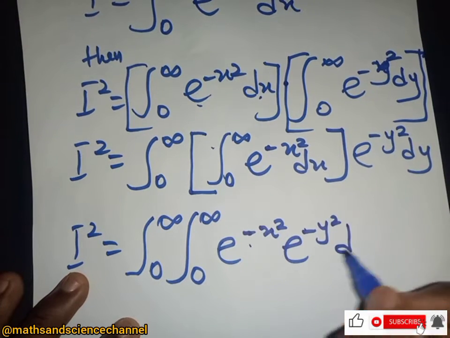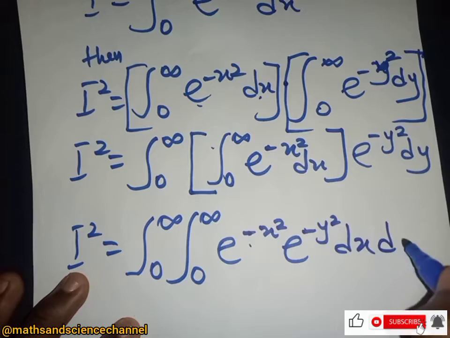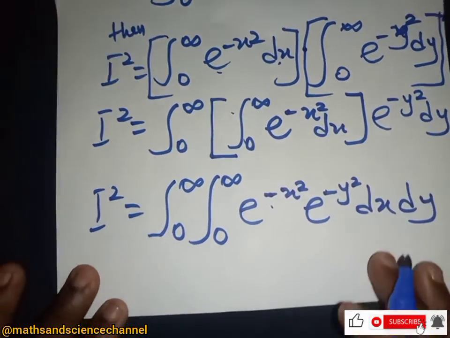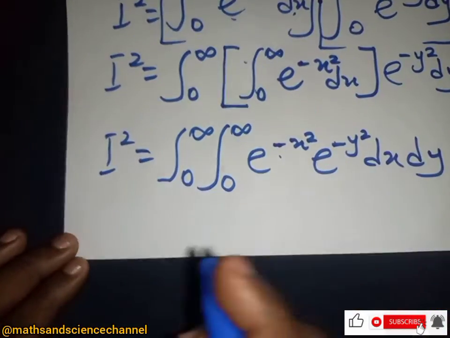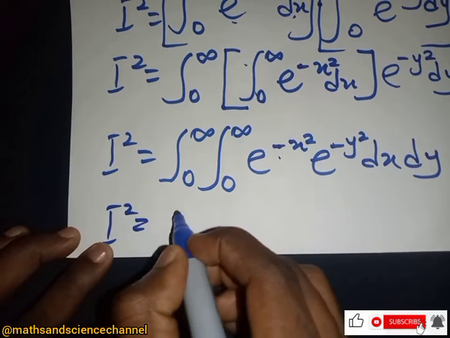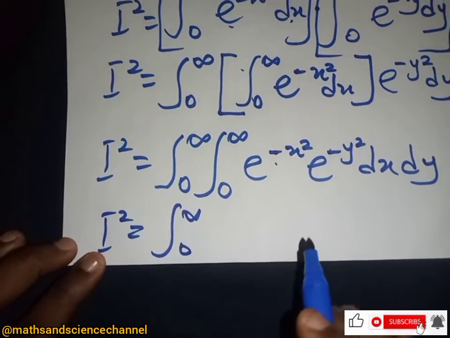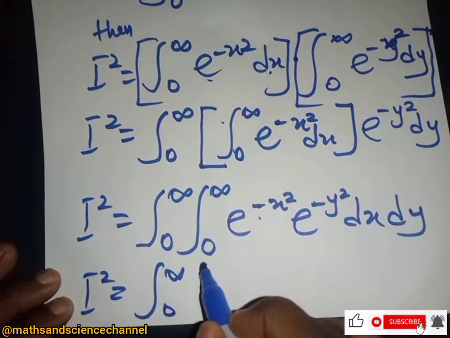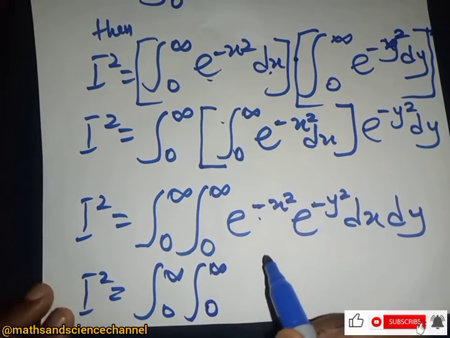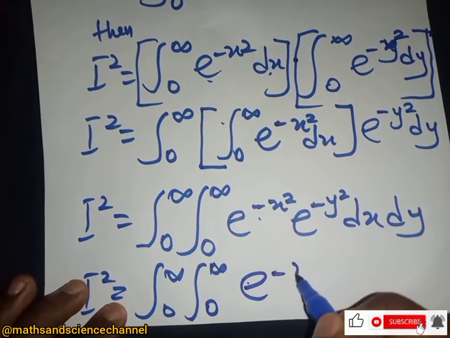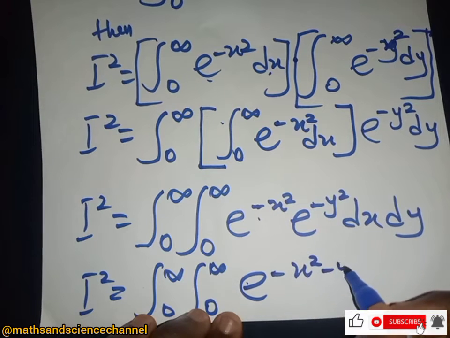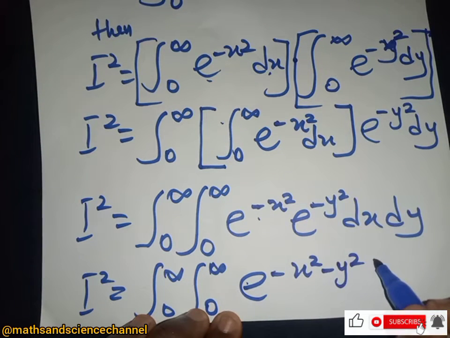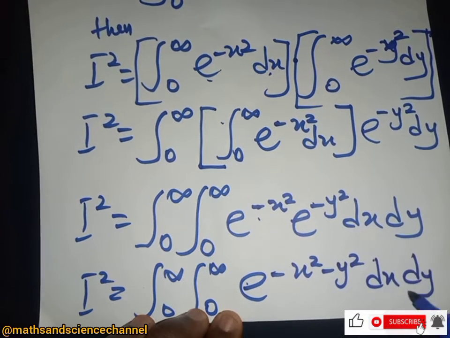So the first one is with respect to ds, and the second one is with respect to dy, right? Okay, so let's put them together. So we still have this 0, and then we can have negative s squared here, then minus y squared here, then we have the dx, and then the dy.